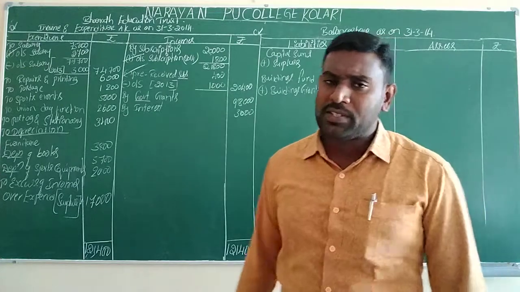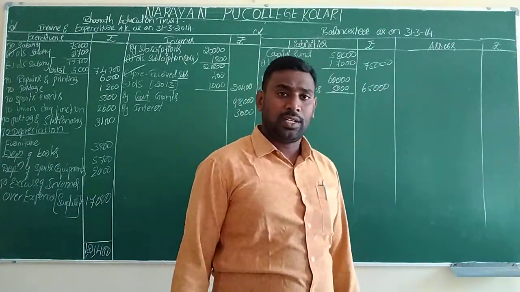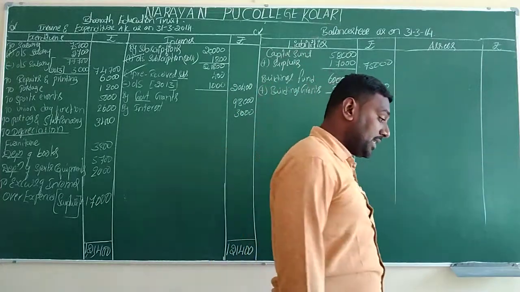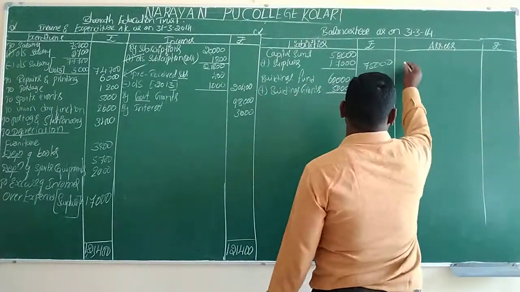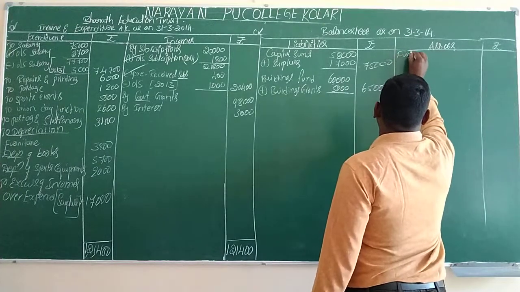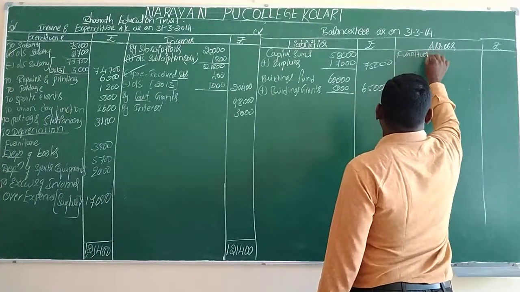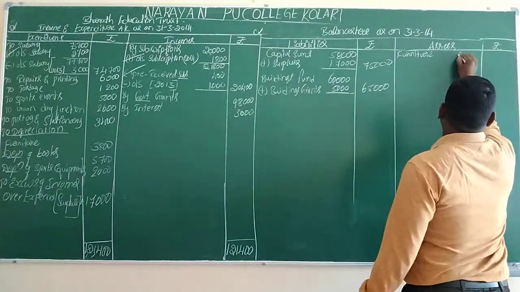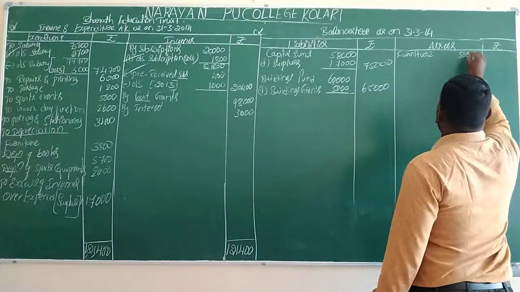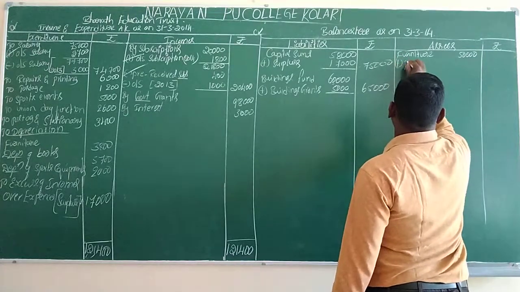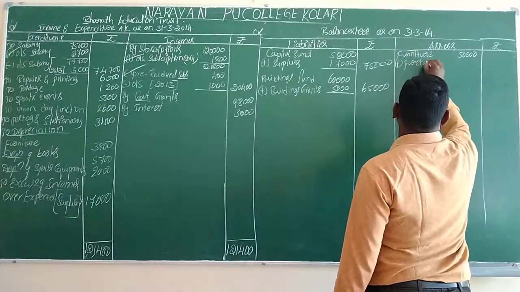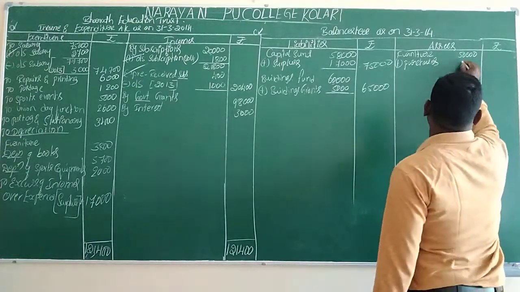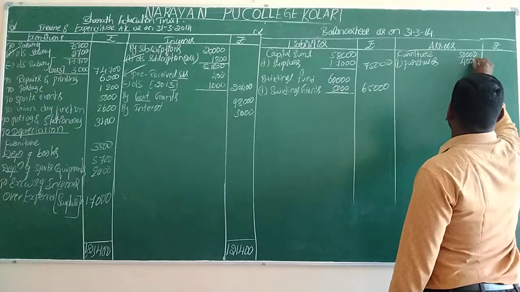So are there any other liabilities available in the previous balance sheet? No other liabilities are there. Let's come to the asset side. Under the asset side, the first item is furniture. Furniture is 50,000. Add purchases, that is 4,000, which is available in the receipts and payments account.